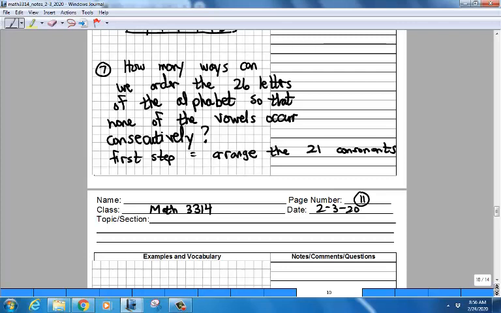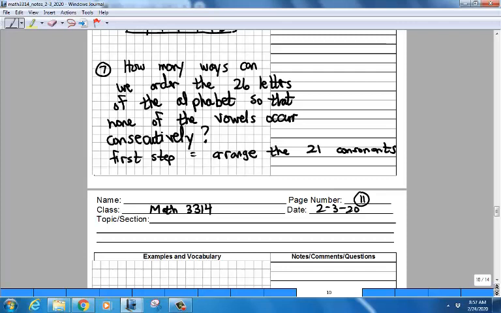Now, obviously the next step is that you've got to get the vowels arranged as well. If you want to, you can go ahead and just think of this as arranging the 5 vowels.